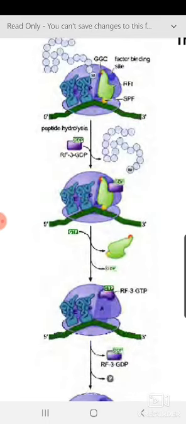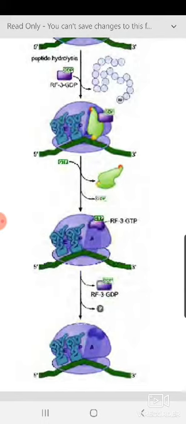So first step, the growing protein chain gets released. Second step, the release factor gets released. Now RF3, bound to the big subunit of the ribosome, changes GDP to GTP. Now it is GTP-RF3, and it releases the class 1 release factor.